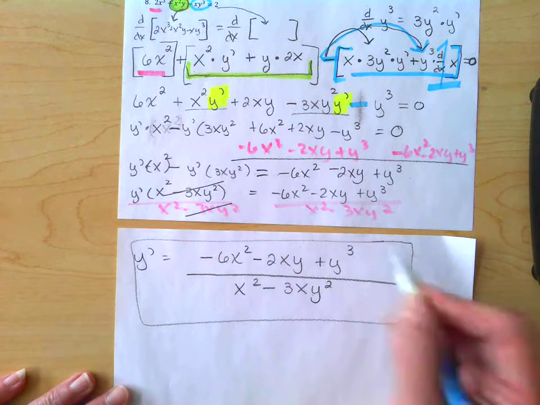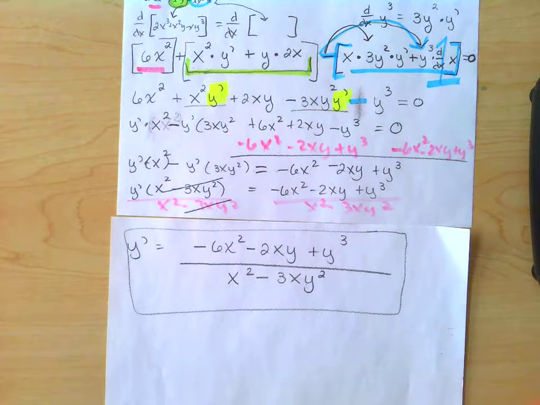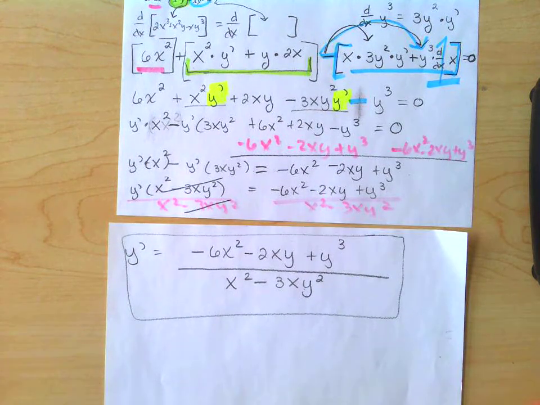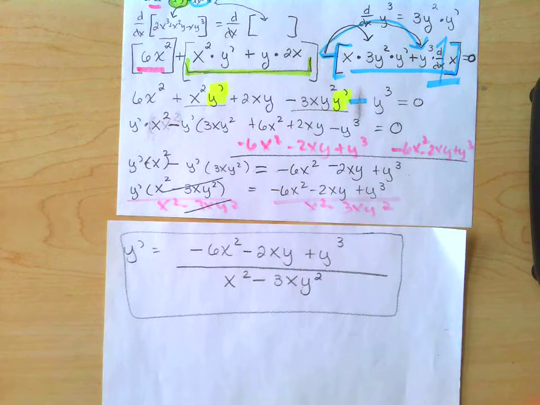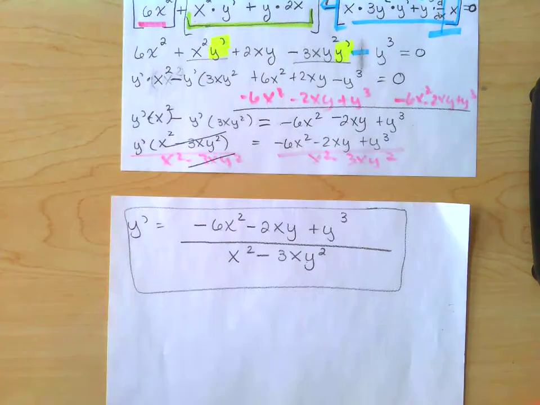Sometimes you'll find that the numerator and denominator can be reduced, but we won't worry with checking that this time on this example.